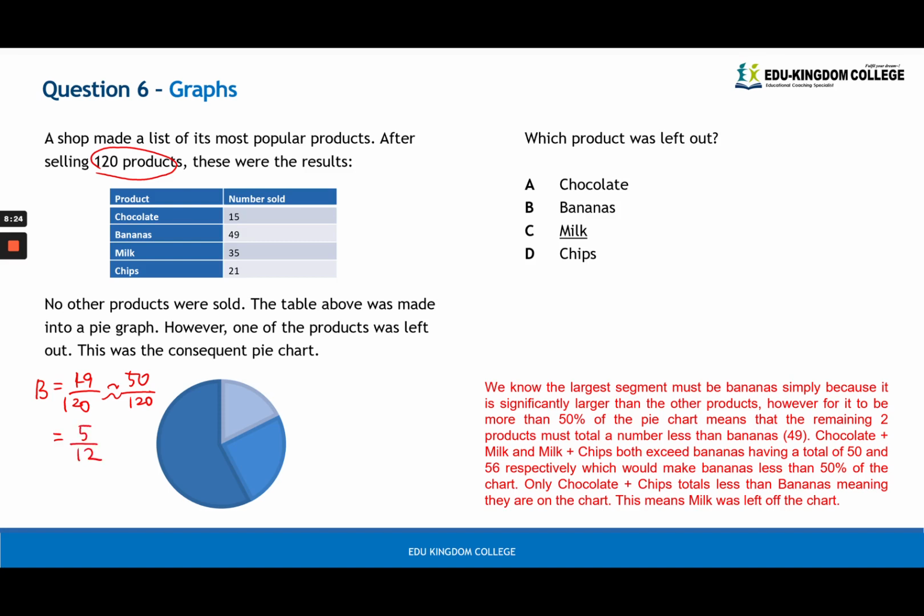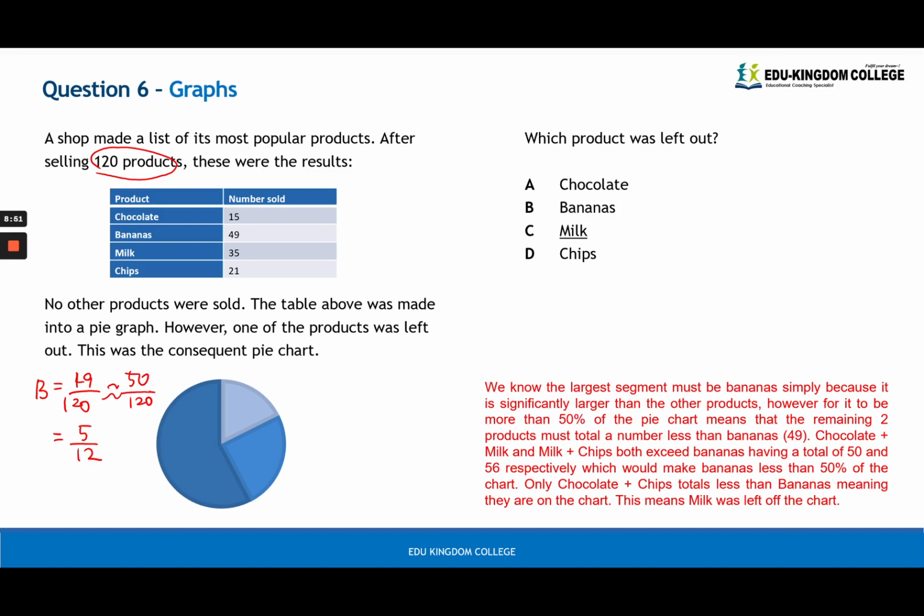You might know that 6 over 12 is half, so 5 over 12 is a pretty big proportion. But it's not more than 50% of the chart, and that means that the remaining 2 products must have a total number less than the bananas.